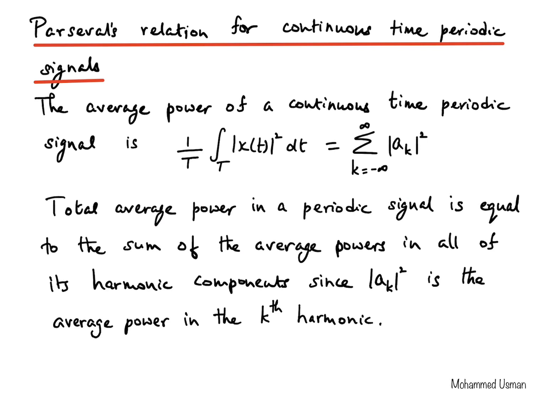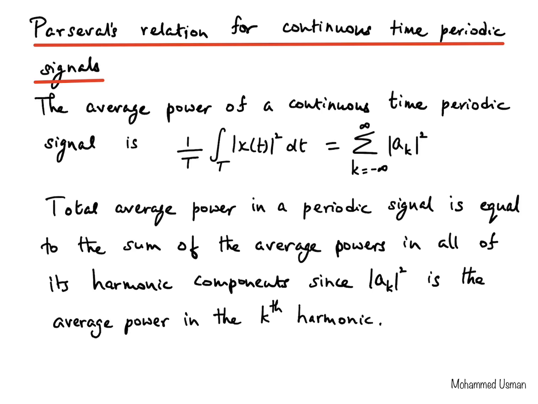And finally, last but not the least, a very important property of the Fourier series, which is called the Parseval's relation. Basically, it gives us a relationship between the power of the signal, or it represents the power of the signal in terms of its Fourier series coefficients.